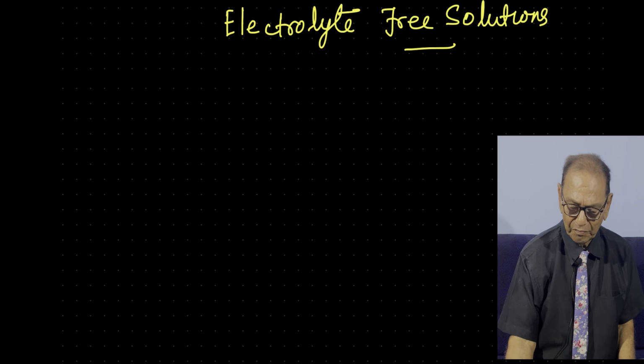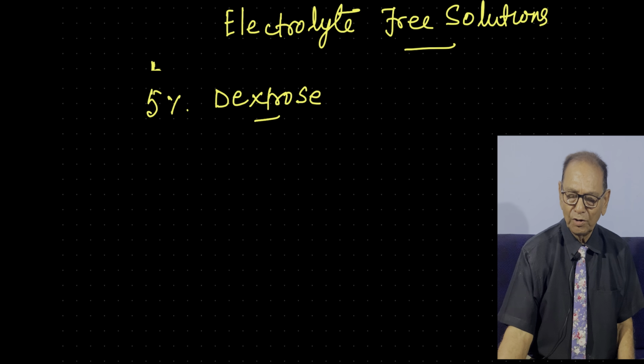Let's see what are the choices available in the market. Let us say it is 5% dextrose. And again, we must be able to see what its osmolarity is.